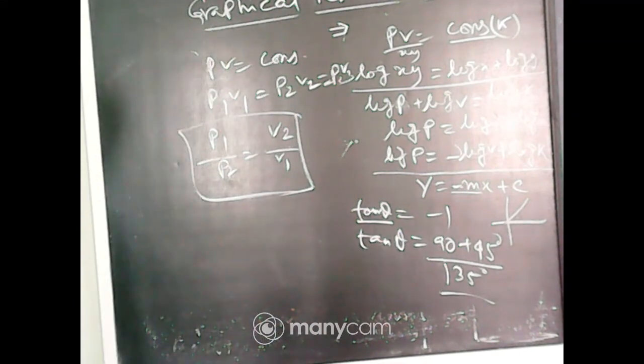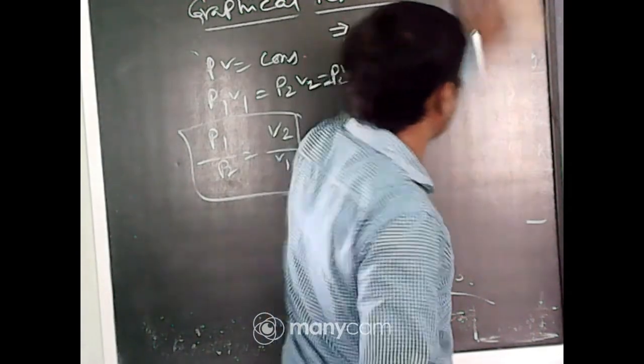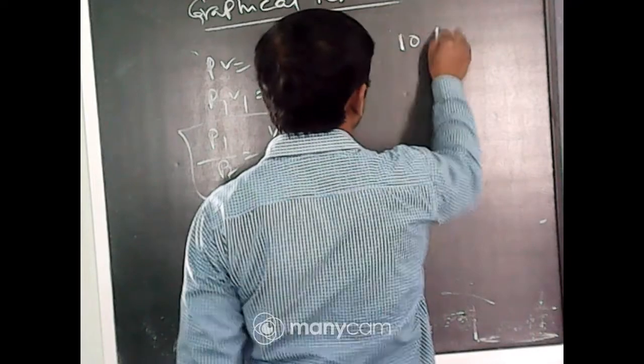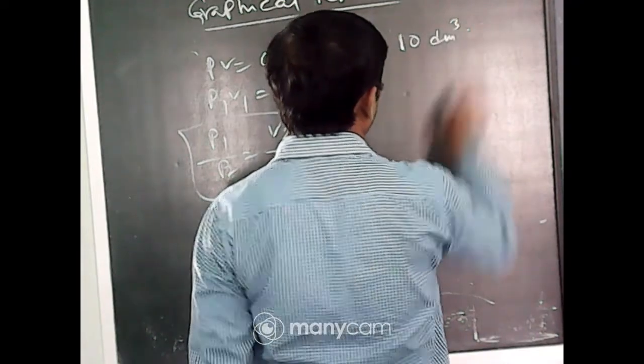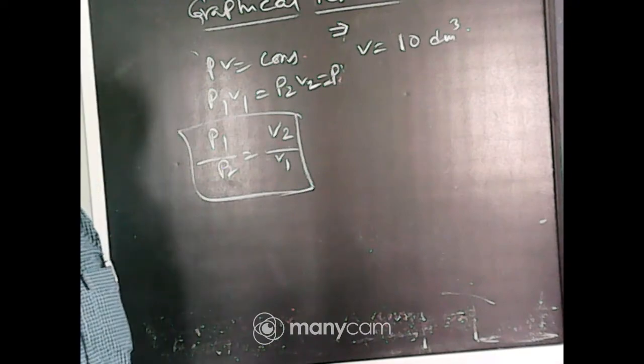Now, just think of one problem: 10 decimeter cube of hydrogen. This is the volume V1, and P1 is 1 bar pressure.